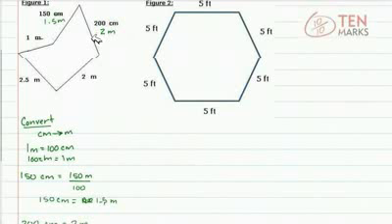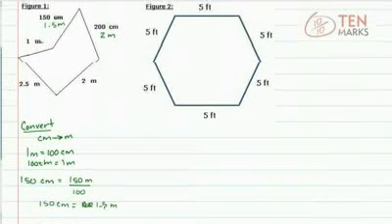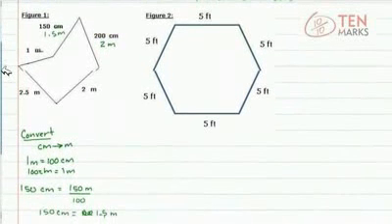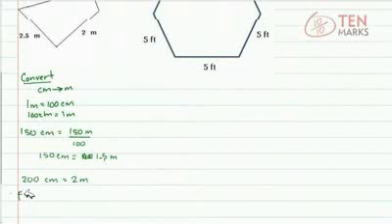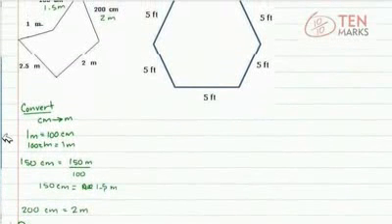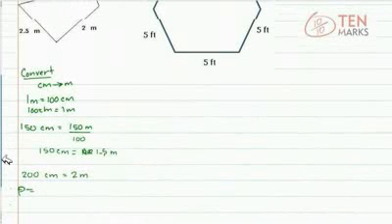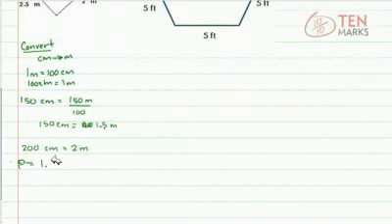Now we need to find the perimeter of this object. Remember, the perimeter is the sum of all the sides. So we add all the sides up: 1.5 plus 2 plus 2 plus 2.5.